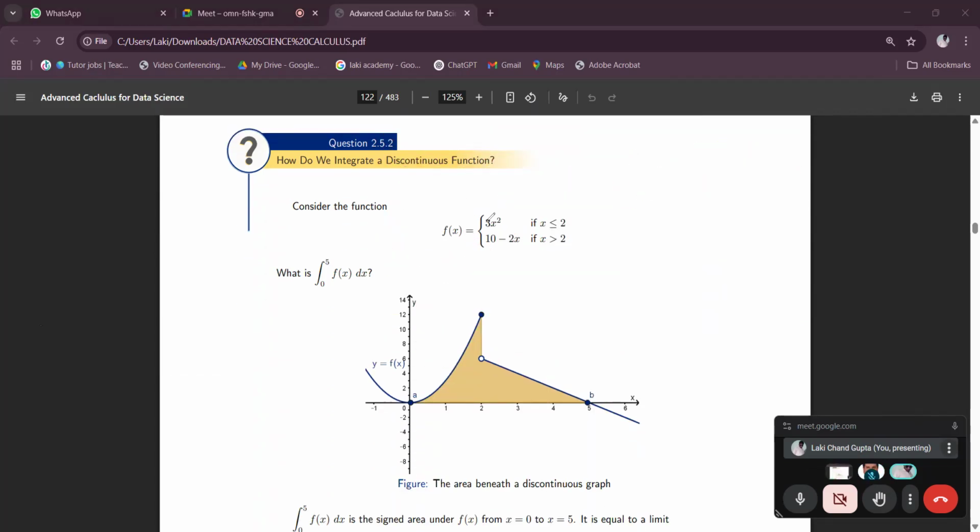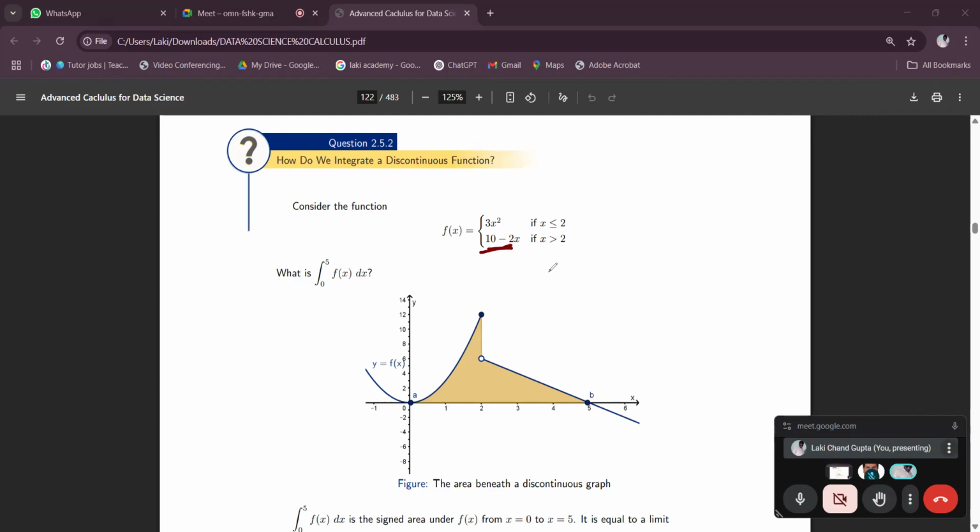Whenever you are given this type of function, this is called a discontinuous function. This function is discontinuous at x is equal to 2. Why? Because the value of f(x) is 3x square when the value of x lies between 0 and 2, and the same function becomes a line when the value of x is greater than 2.